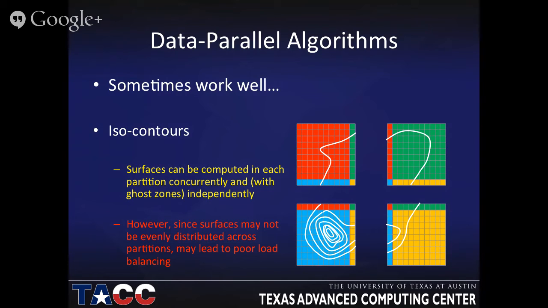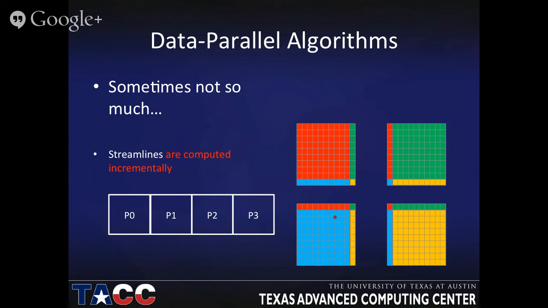So data parallel algorithms are not perfect, but they give you a good place to start for a lot of algorithms. But I just want to leave you with this notion: there are some algorithms that don't work well at all. The most important being a streamline. I'm not sure we really talked much about streamlines earlier, but imagine that we're trying to model the flow from the air conditioning system in this room.